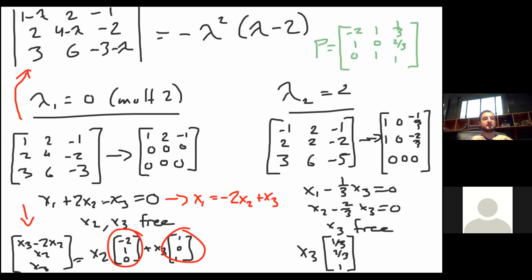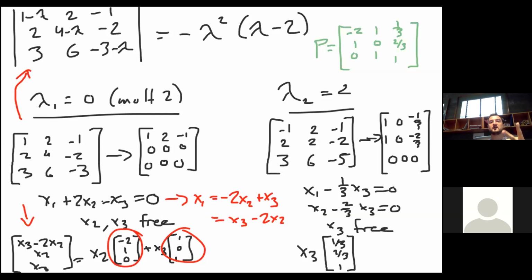So negative 2 of whatever the second entry is plus the third entry. Or I can rewrite this as x3 minus 2x2. So as long as my vector looks like that, then I can create an eigenvector for the eigenvalue lambda being 0.